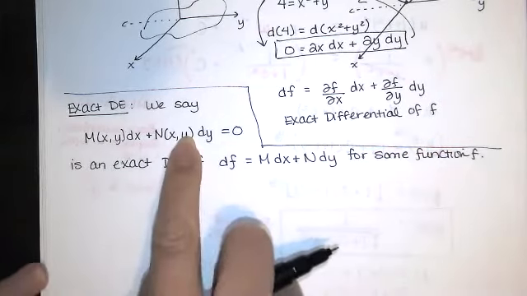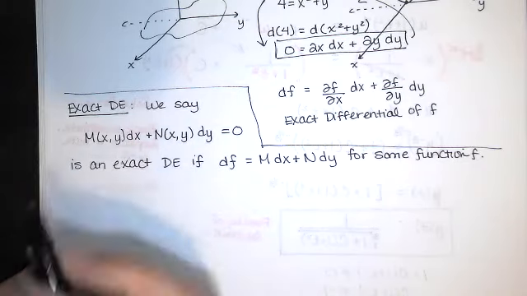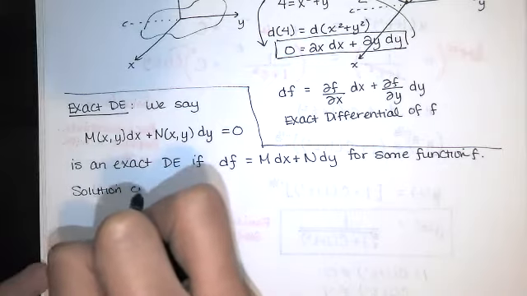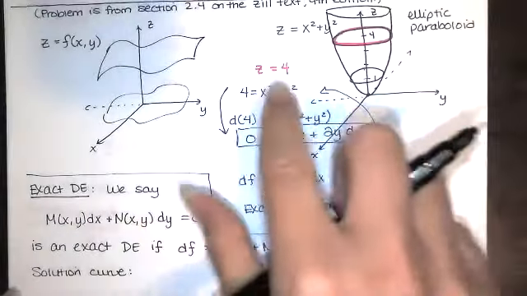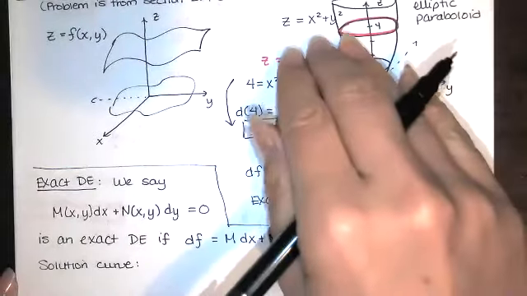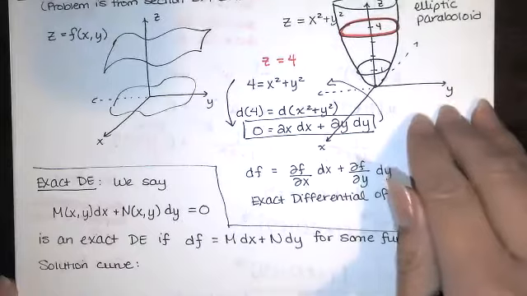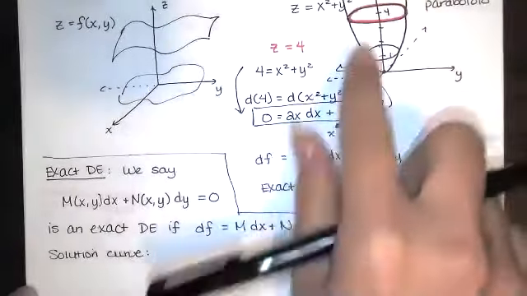So if this left-hand side is the exact differential of a function, this is an exact differential equation, then the solution curve is a level curve of some surface. So if I take that surface and I just slice it with a plane that's parallel to the xy plane, so z is equal to a constant, it's going to be a level curve of that surface.